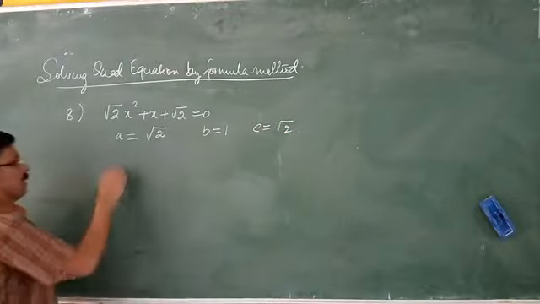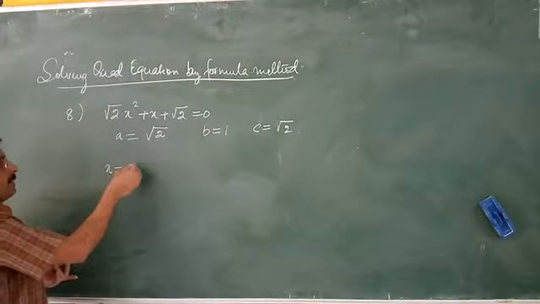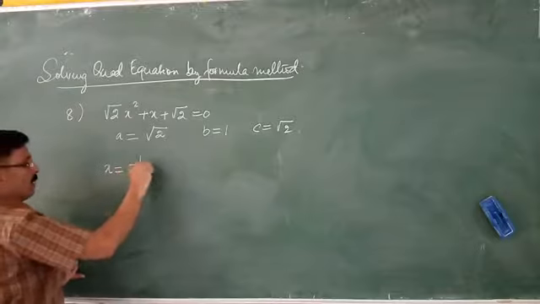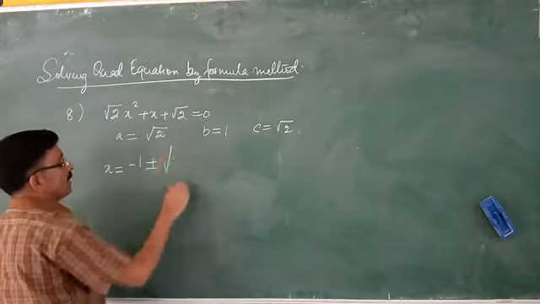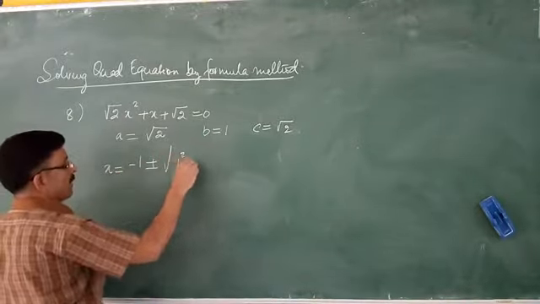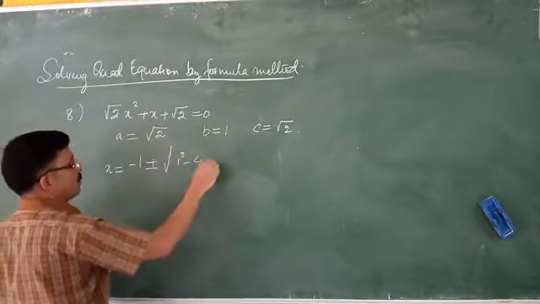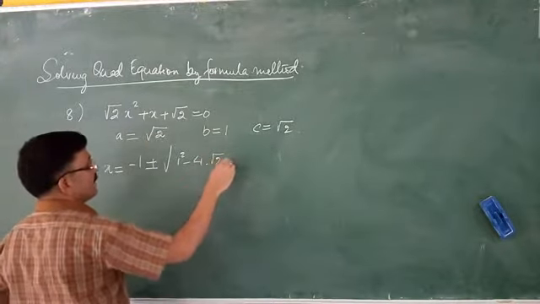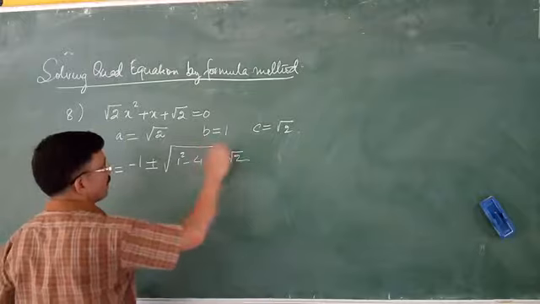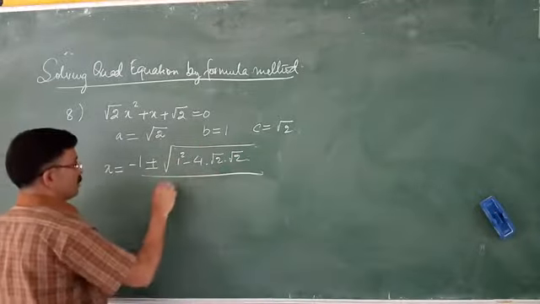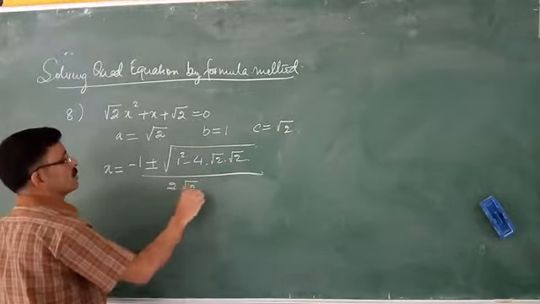So we can use the formula now. X is equal to minus B, and B is 1, so minus 1 plus minus root over B square, which is 1 square, minus 4 into A root 2 into C root 2, and then divided by 2 into A, that is root 2.